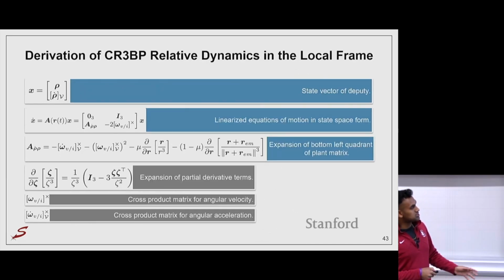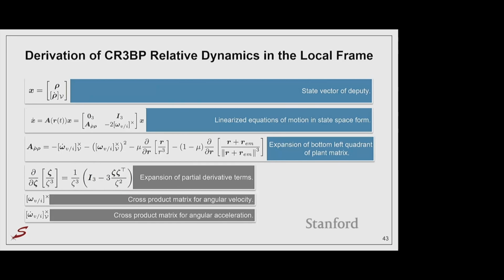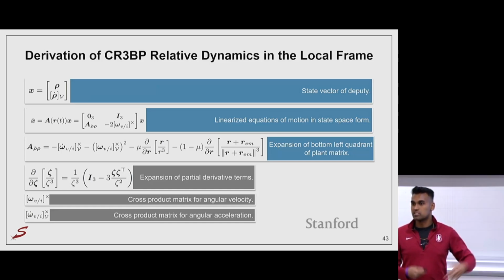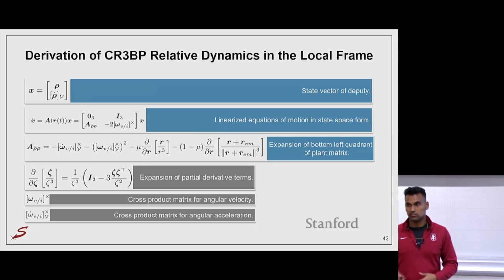It's R plus the vector from the Earth's position to the moon, and R relative to the moon here, not R plus rho. So we've taken that rho term out and linearized using a Taylor series expansion, linearized with respect to just the chief's position only.